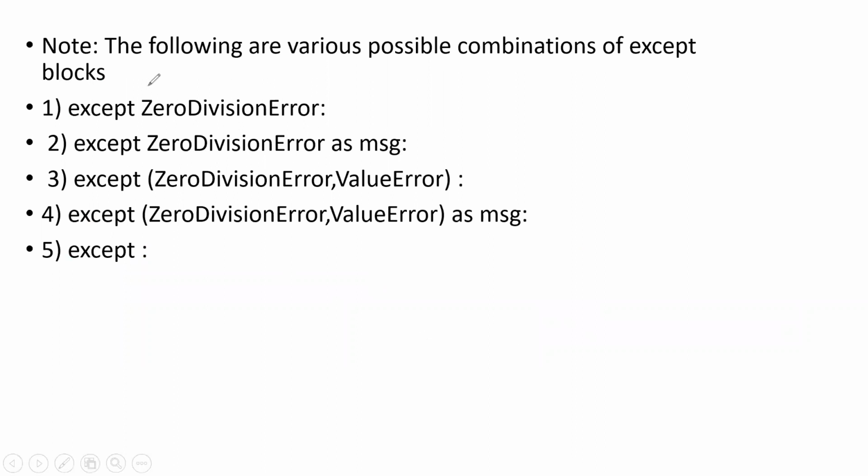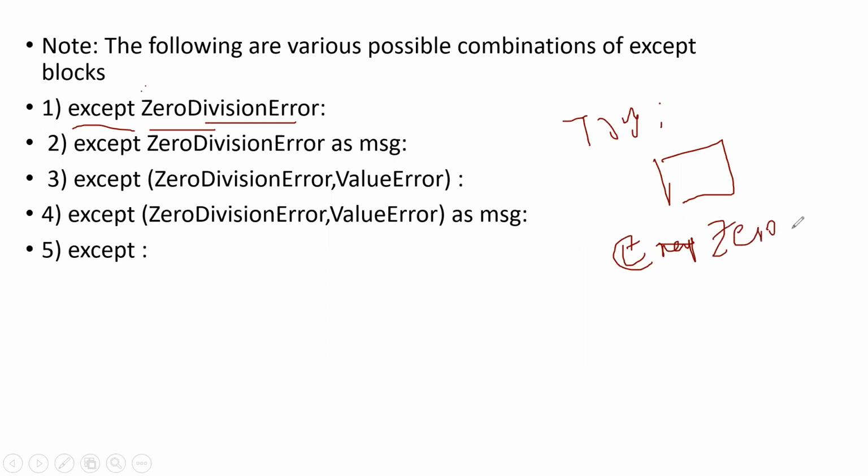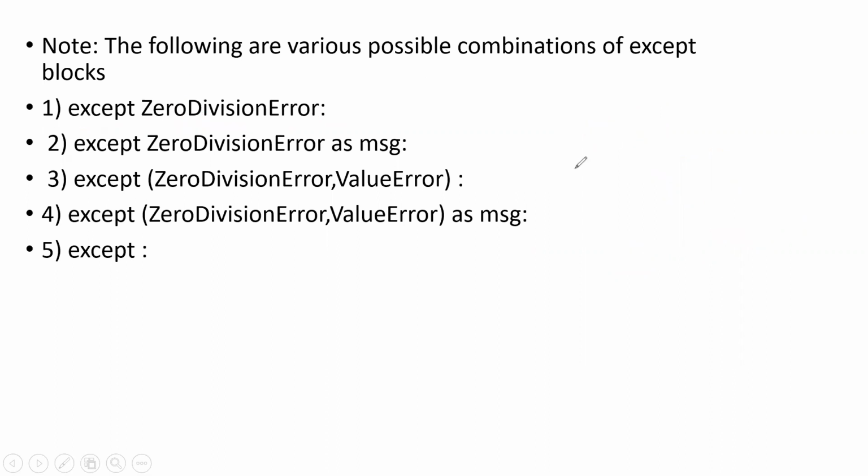If we are getting a zero division error, except ZeroDivisionError, try that code and accept this statement, ZeroDivisionError. Exactly, you need to write this one also. If you are using a small letter in division or error, automatically it will not take that.